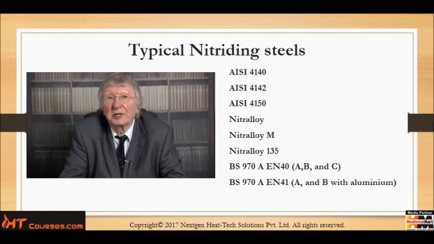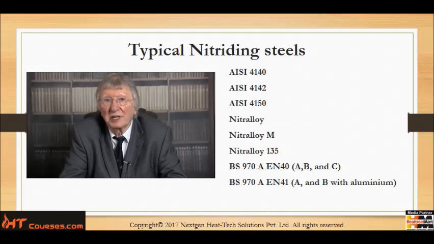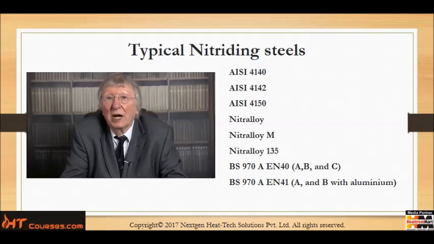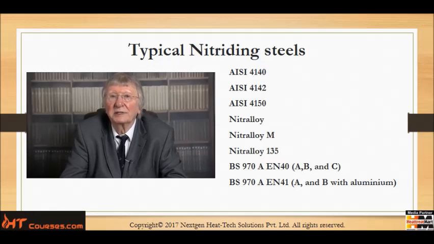The British standard BS 970A EN40 A, B or C is a nitriding steel. BS 970A EN41 A or B has had aluminum added to it. Aluminum is perhaps the strongest nitride former that there is.